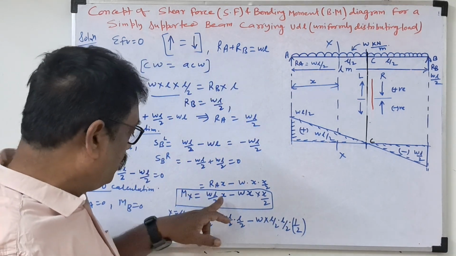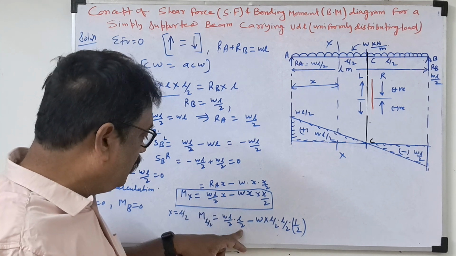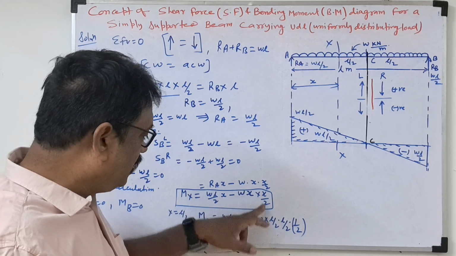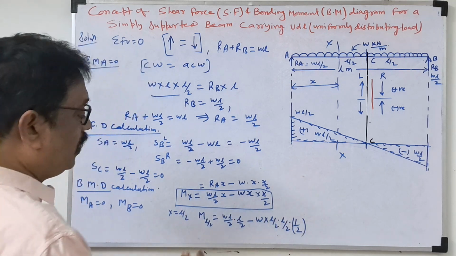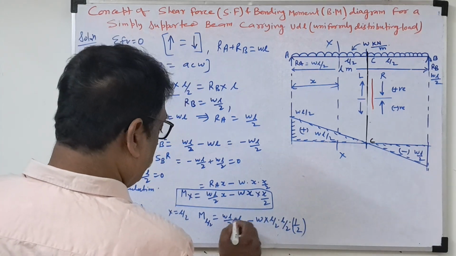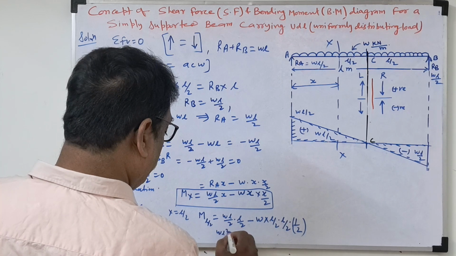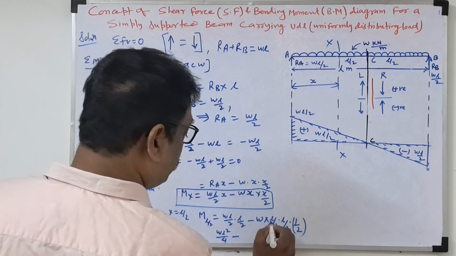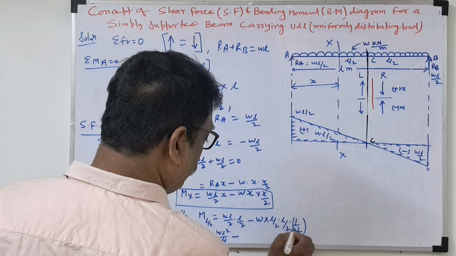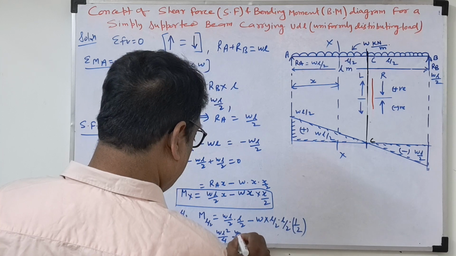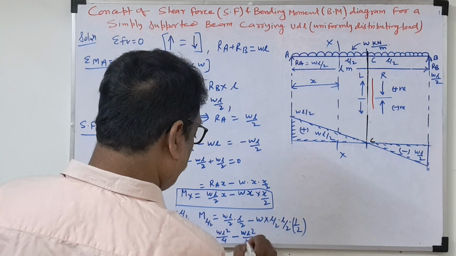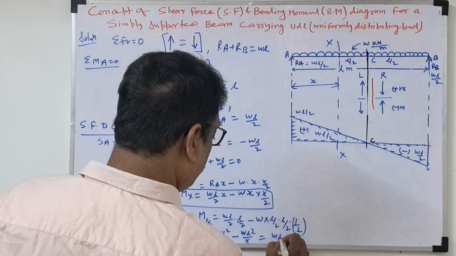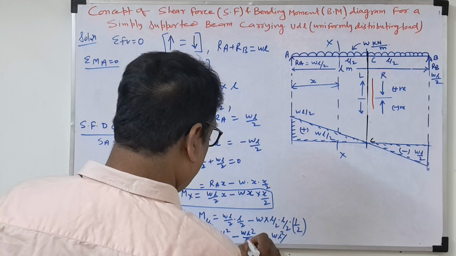X equal to L by 2, W L by 2 into L by 2, then half is there. If you calculate, it comes W L square by 4 minus W L square by 8, so it will come W L square by 8 only.